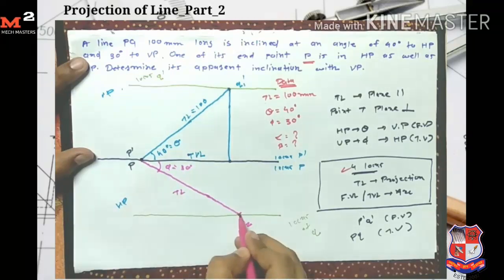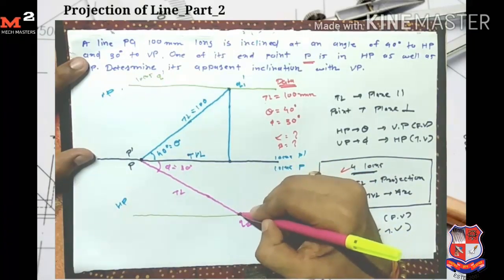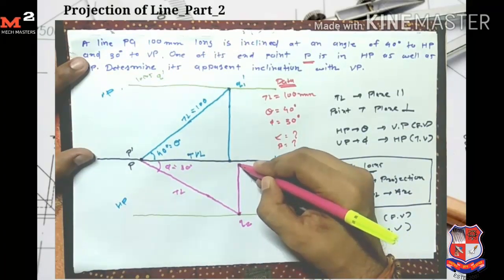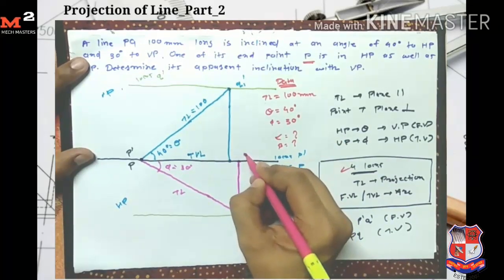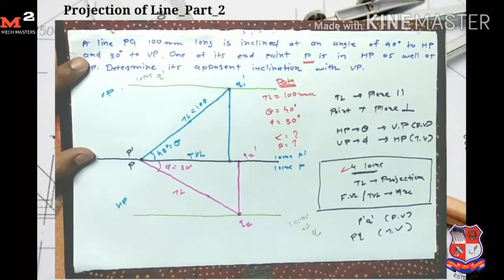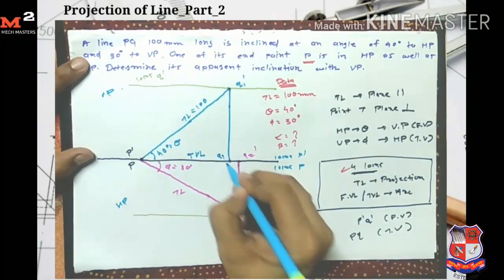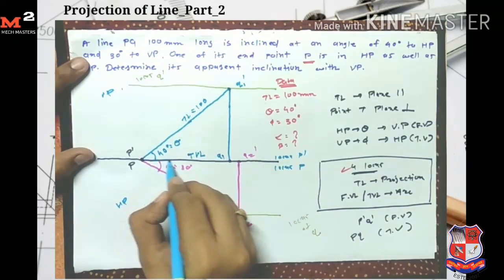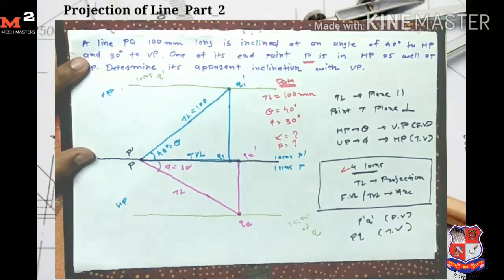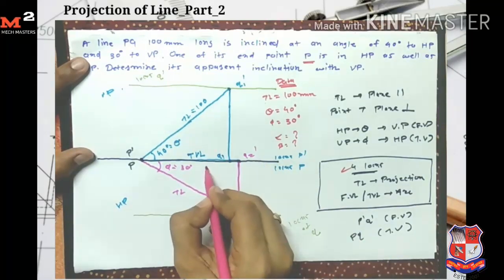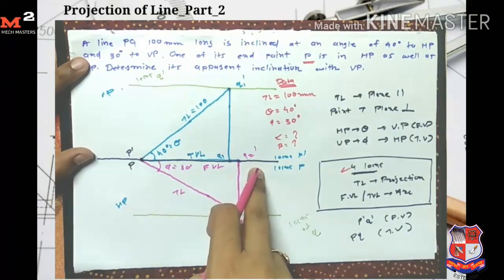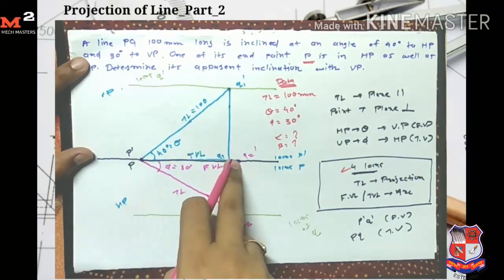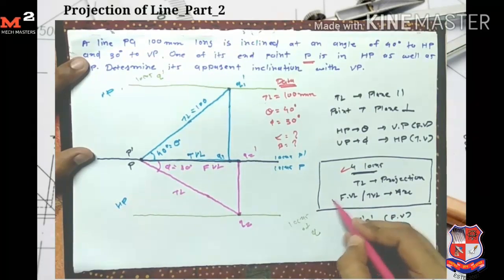From this point I take the projection up to the locus of P dash. I get a point here and name it Q2 dash, and here I name it Q1. This line is my front view length. Front view length is P Q2 dash and top view length is P dash Q1. So now I get the front view length and top view length.